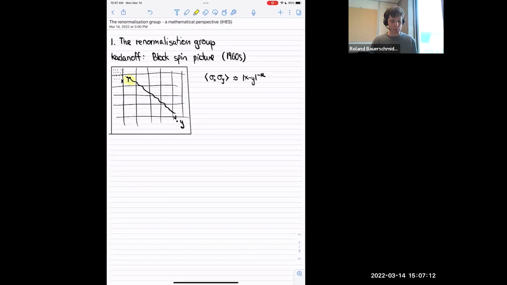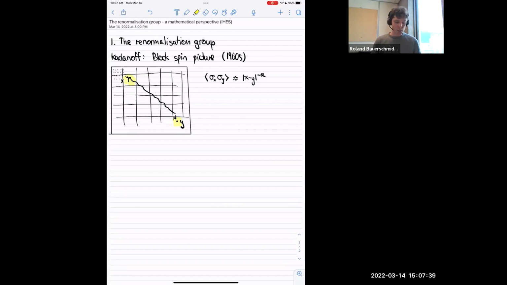That's the so-called block spin. There'd be different ways to do this. And the heuristic picture is that each block has an effective spin, and the sort of ad hoc assumption of this block spin picture is that each block more or less behaves like an Ising spin again. And then this is consistent.